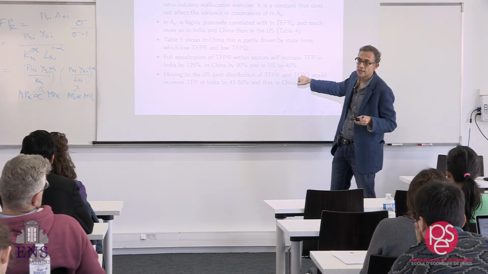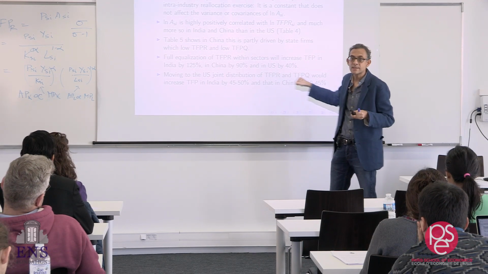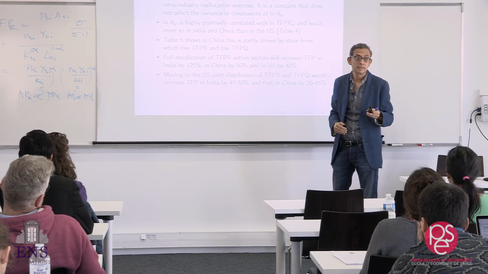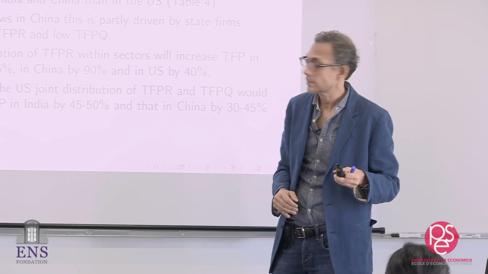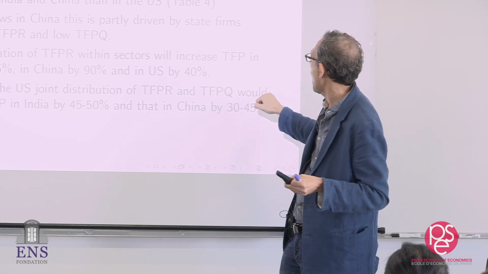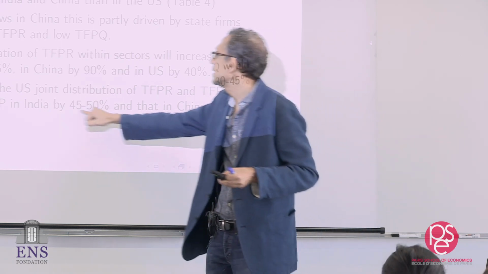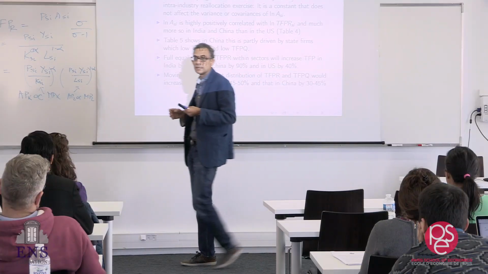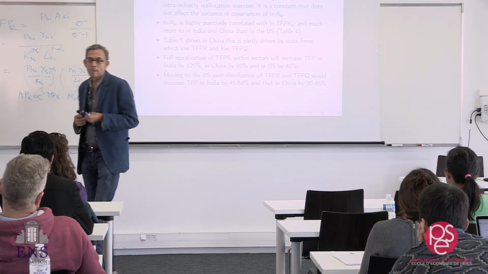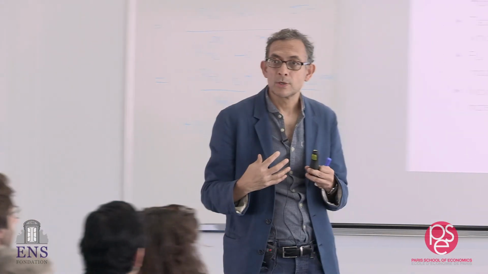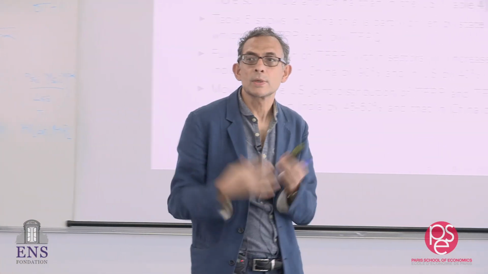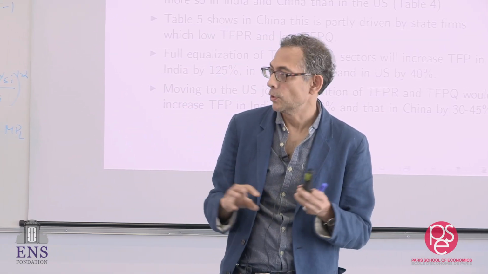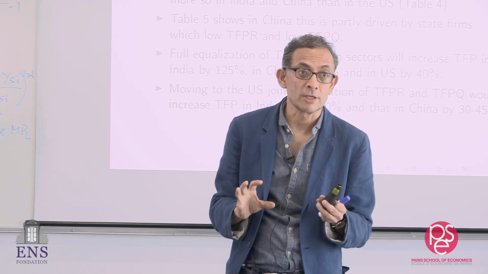If I set the correlation between those two to be the same as in the US, I would increase TFP in India by about 50% and in China by about 30 to 45%. These are very big effects because if you double TFP, you can explain most of the variation across countries. There's very little residual variation.